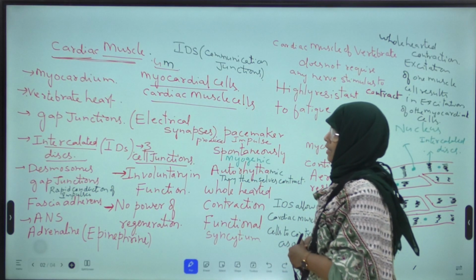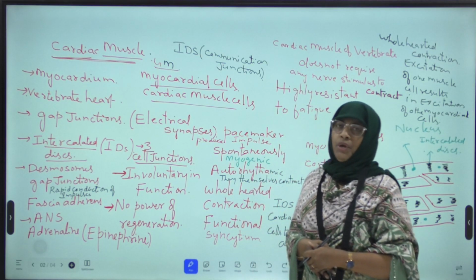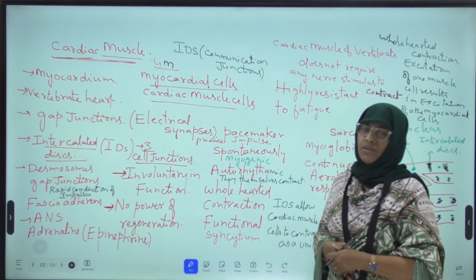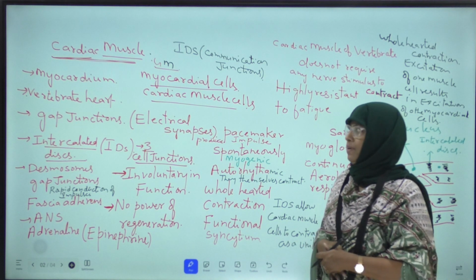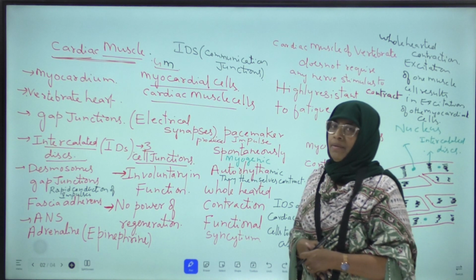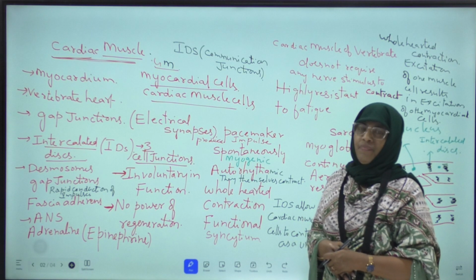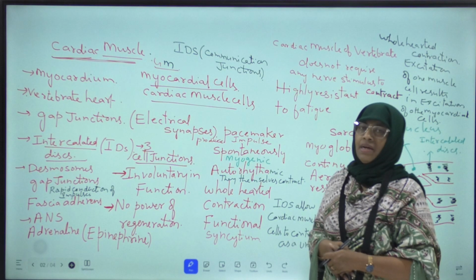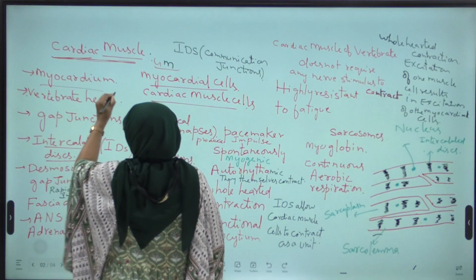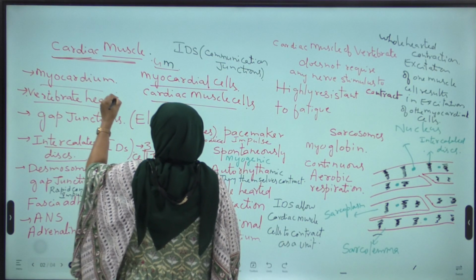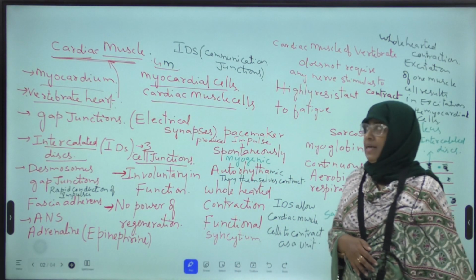Okay, cardiac muscle. The wall of the human heart consists of 3 layers: epicardium, myocardium and endocardium. The myocardium is the middle layer of the wall of the heart. The myocardium of the vertebrate heart is made up of cardiac muscle.